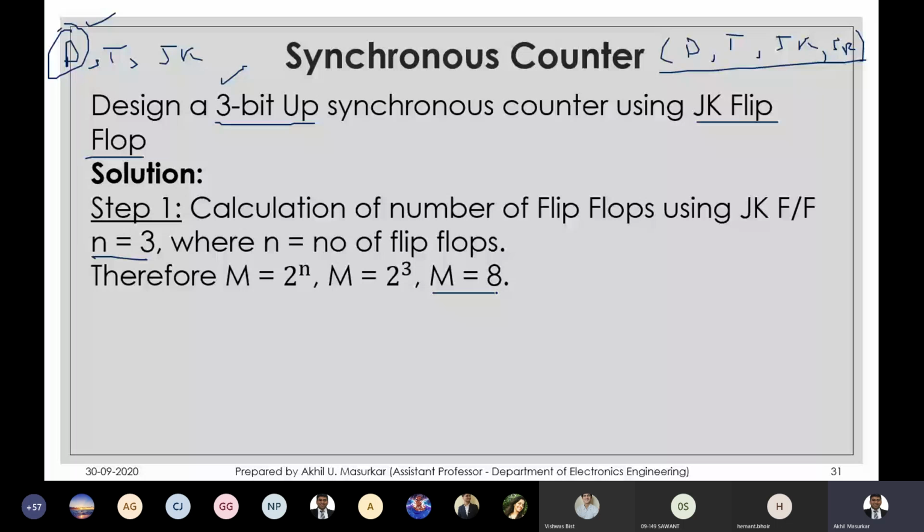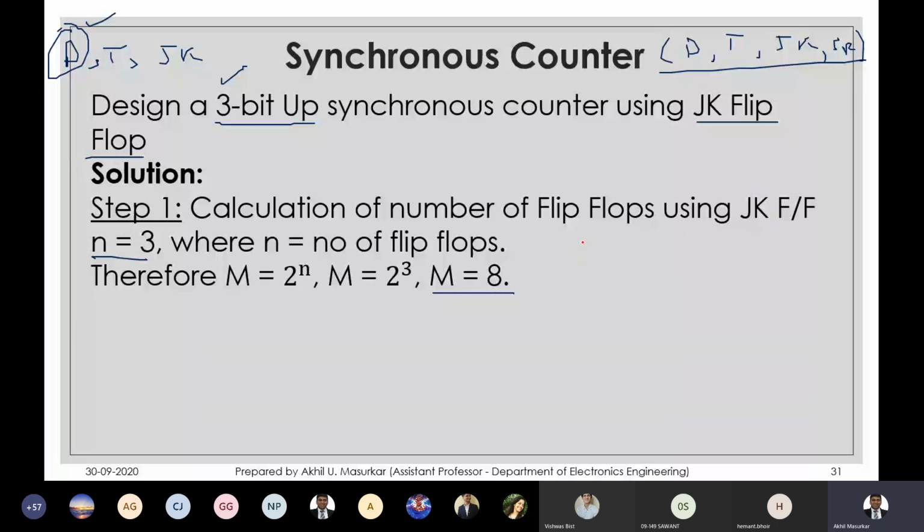Can you tell me which are the valid states for this flip-flop?